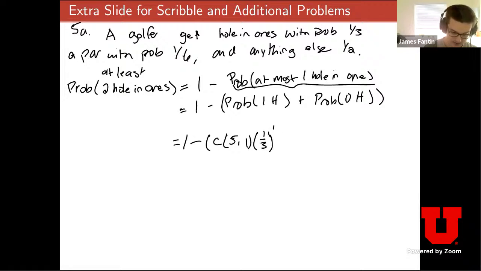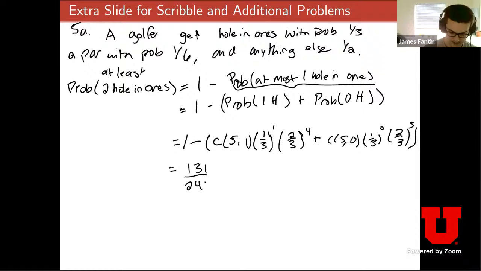We only want 1 of them. Then 1 minus the probability is 2/3. We've got that to the 4th, because there's 4 other slots. And then for 0 hole-in-ones, we're taking 5 and choosing nothing, times 1/3 to the 0 times 2/3 to the 5th. And then if you work this out, you'll get that that's equal to 131 over 243.